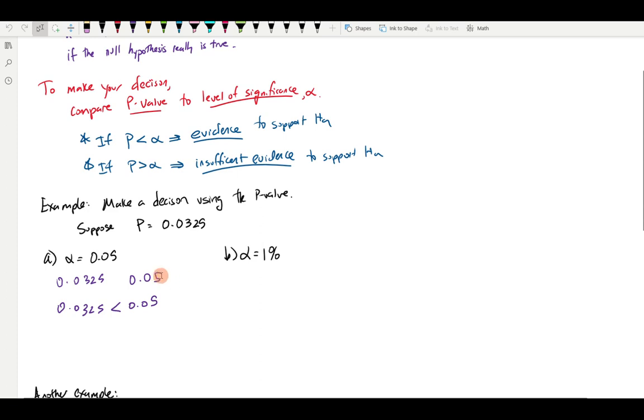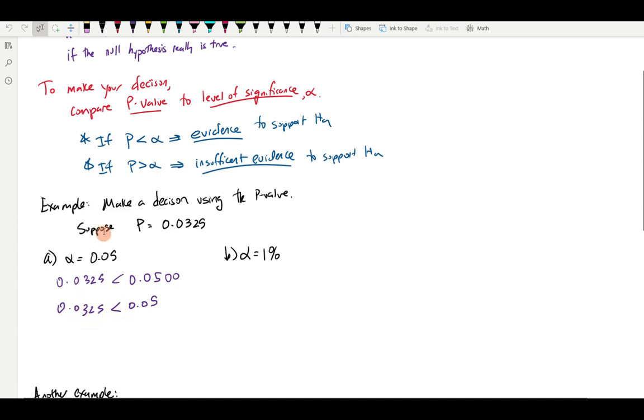And so we can think of this ultimately as comparing 500 to 325. Since 500 is larger than 325, 500 is greater than 325, we can say for sure that 0.0325 is less than 0.005. 0.005 is greater than 0.0325.